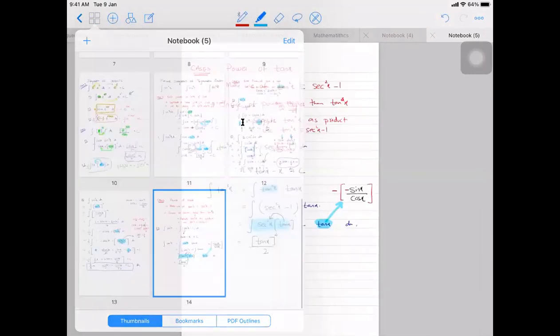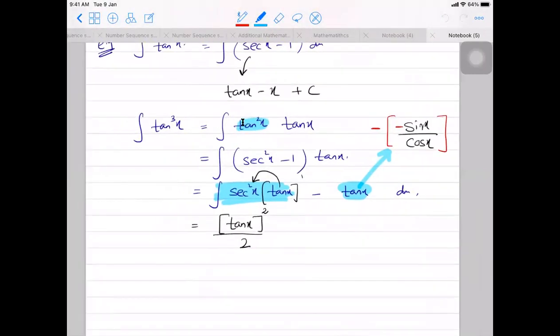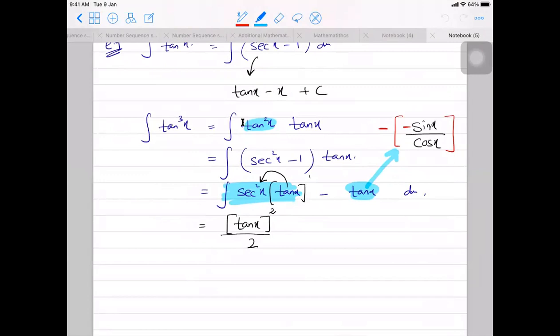Coming back over here, if I know that minus sine x is the differentiation of cos x, and minus sine x is present in the numerator, then the integration of such a function is going to be ln of the denominator. And what will happen to this minus sign?